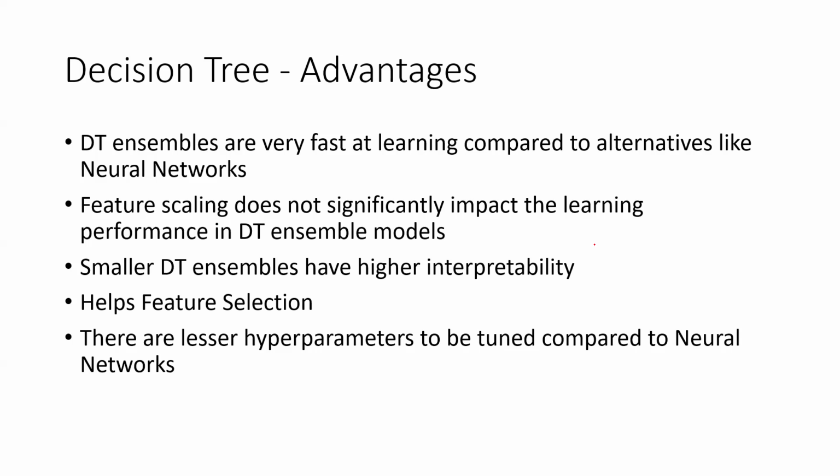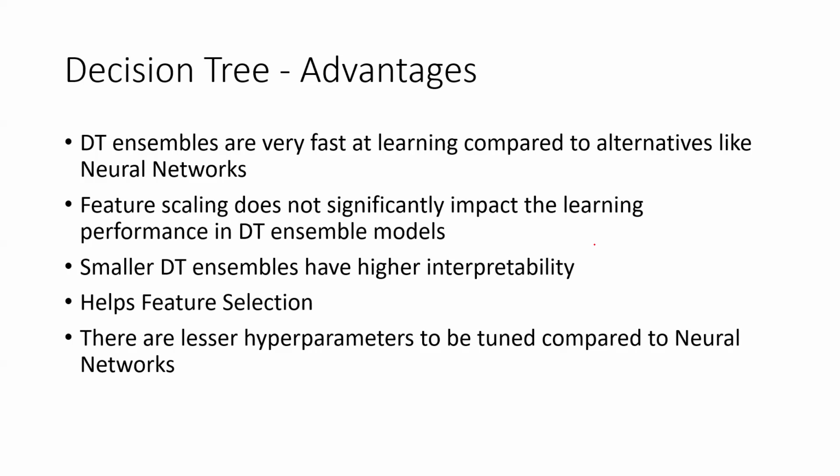So the advantage of decision trees is that they are very fast at learning, right? They can run in parallel as well in some cases, and you don't have to tune the hyperparameters too much, unlike in neural networks, right? Also, when you are using smaller decision trees, you can use them for interpreting the data, right?